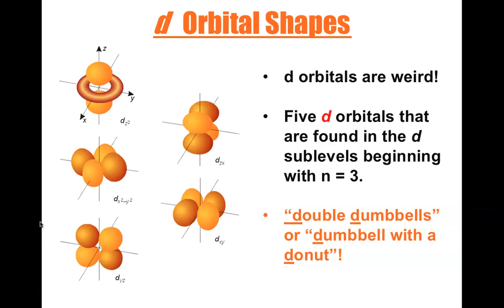They kind of look like a double dumbbell or a double p orbital, or the top left one is a dumbbell and a donut, if you will. That's the shape of them. And again, these are mathematical representations of the highest probability of finding electrons. They don't actually exist. They're just showing you space where you could find an electron.